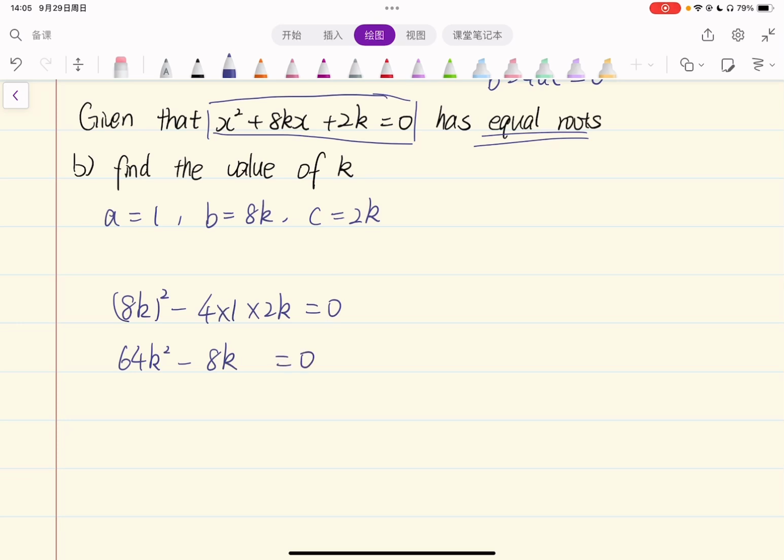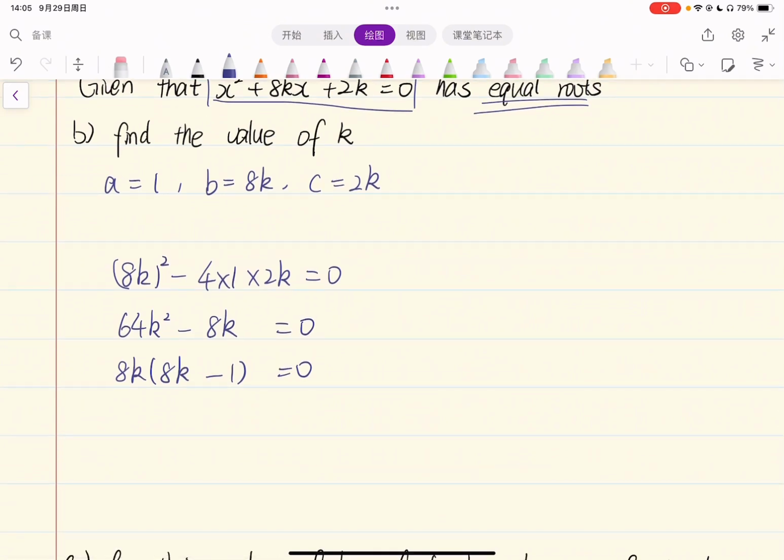And we can take 8k out of the bracket, so 8k times (8k minus 1) equals 0. Then we have 8k equals 0 or 8k minus 1 equals 0. So k equals 0 or 8k equals 1, k equals 1 over 8.